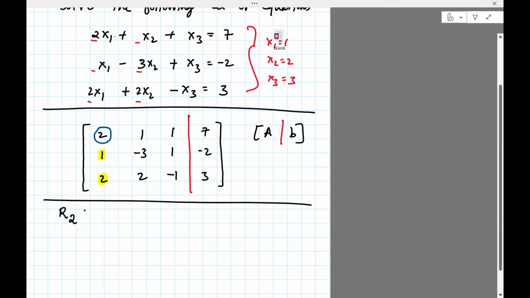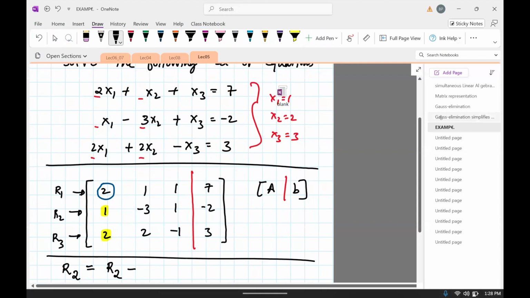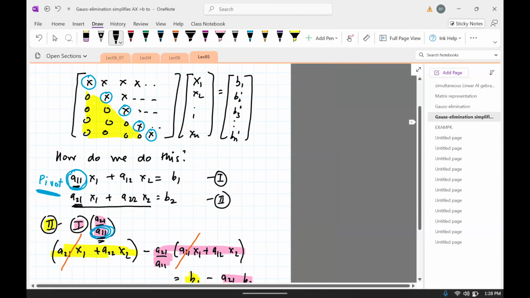So I'm going to rewrite row 2. This is row 2. This is row 1. This is row 3. So my new row 2 is going to be my old row 2 minus, the same strategy. What I had done earlier was I divided by A11 and then multiplied by A21. A21 sits here in the second row, and A11 sits in the first row, first column.